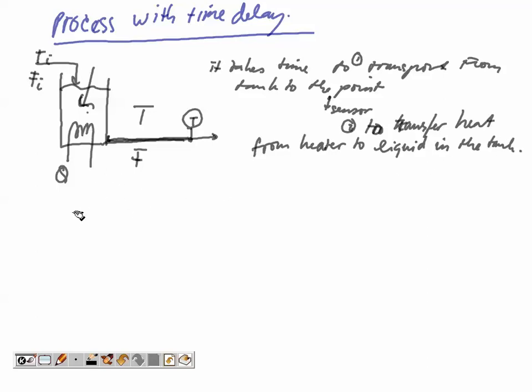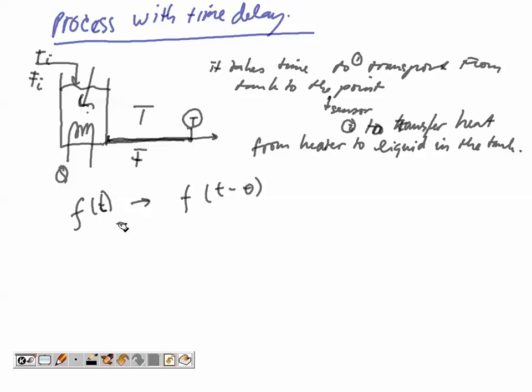Okay, so if we have response f(t), maybe because of the transport delay or because of the heat transfer, then the response or the measurement can be read after theta time.